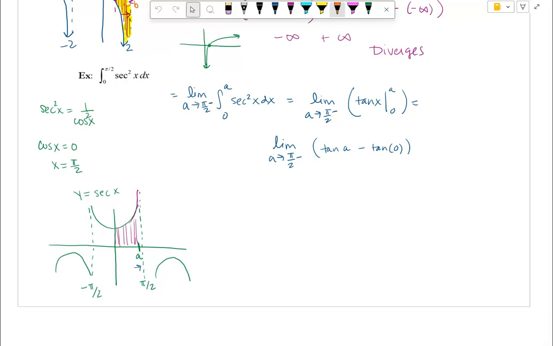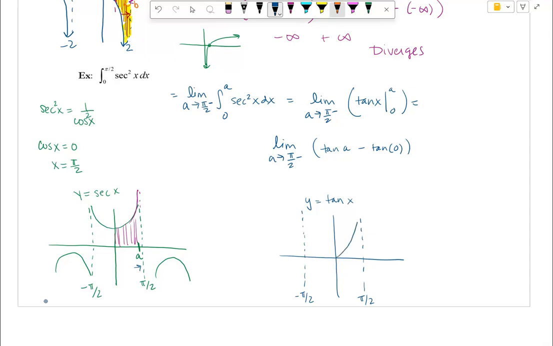To understand the tangent of a as a approaches pi over 2 from the left, we need to think about the graph of y equals the tangent of x. And I remember that tangent has vertical asymptotes at pi over 2 and negative pi over 2, because that is where the cosine of x is 0.